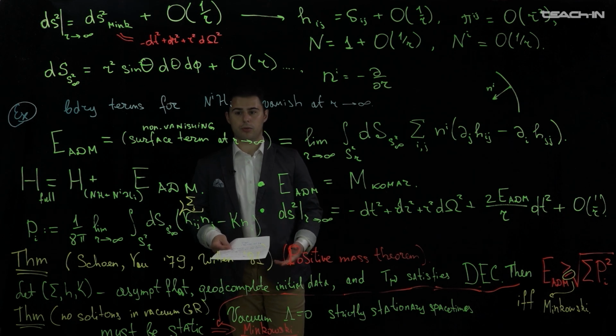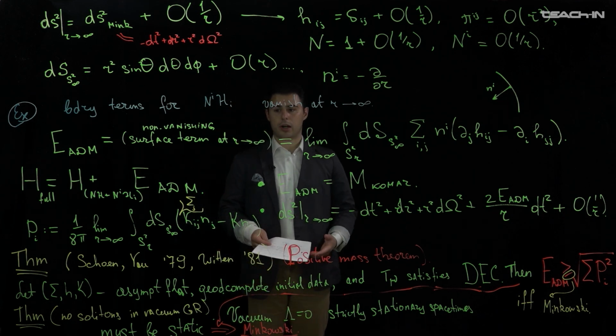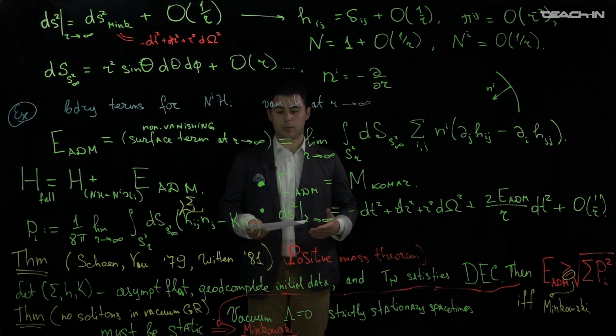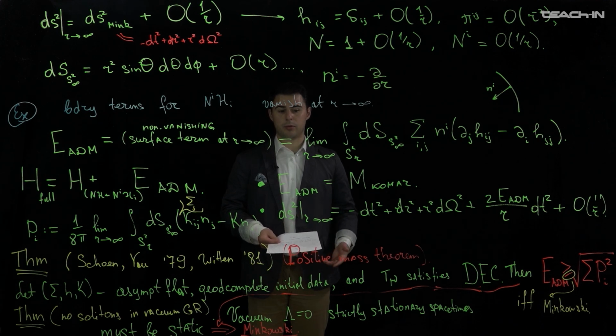So in other words, some gravitational cusps that can be interpreted as gravitational solitons cannot exist in vacuum, lambda equals 0, general relativity.